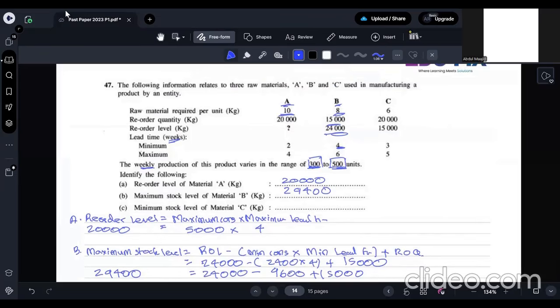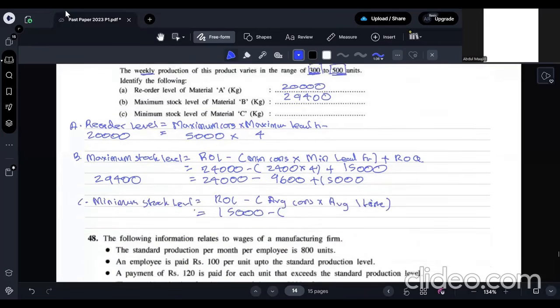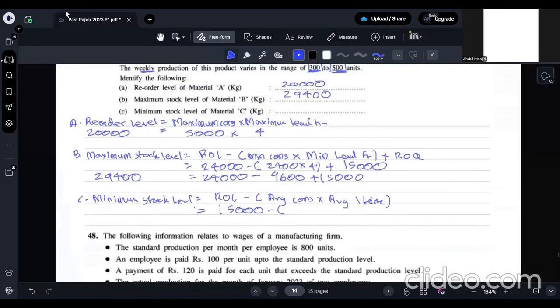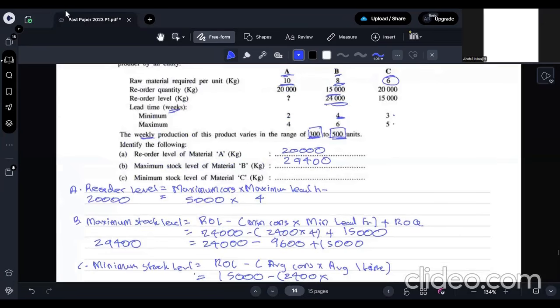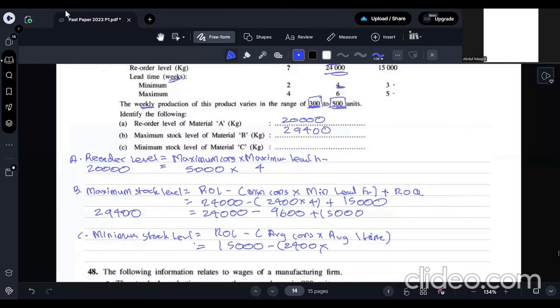Average production is 400. And average consumption of raw material C will be 400 units into 6 kilogram per unit, 2,400 kilograms of material C, multiplied by average lead time, which will be 5 plus 3 divided by 2. 5 plus 3 gives you 8, 8 divided by 2. Average lead time will be 4 weeks. So 15,000 minus 2,400 into 4 is 9,600. The minimum stock level will be 5,400 kilograms.